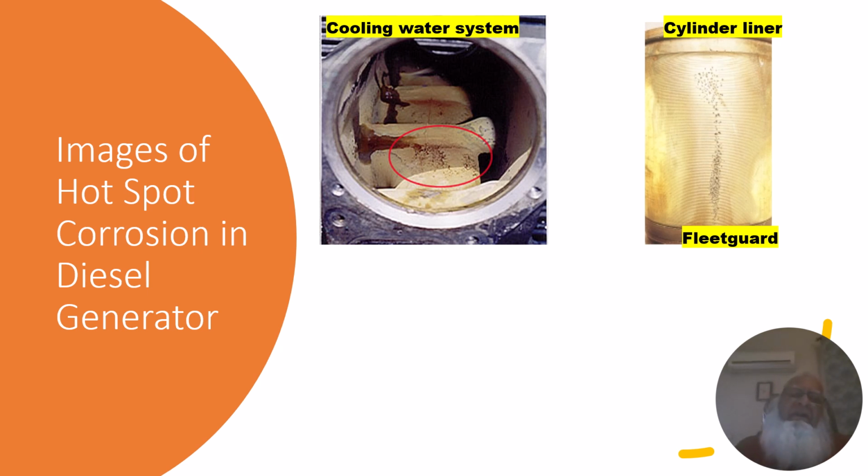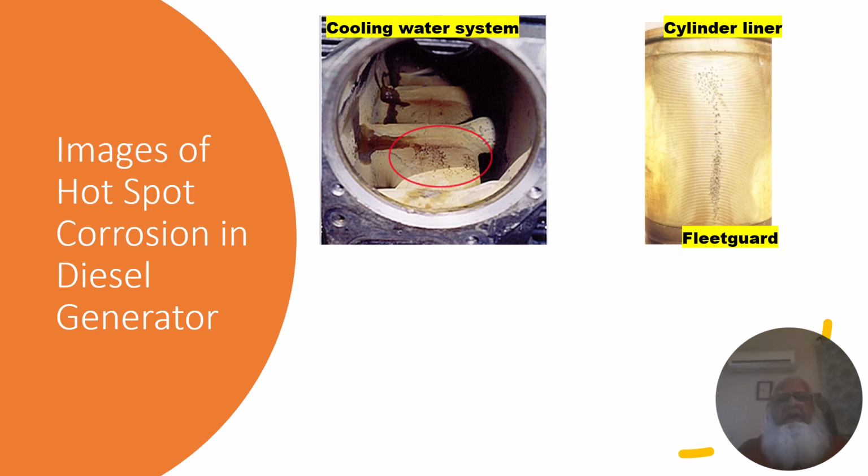The picture on the left shows the cooling water system and the area where this hotspot corrosion has taken place. It is encircled in red, so you can easily see where this localized corrosion has taken place in the cooling water system.